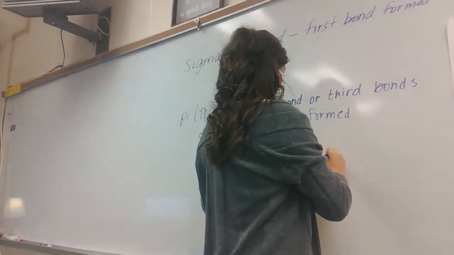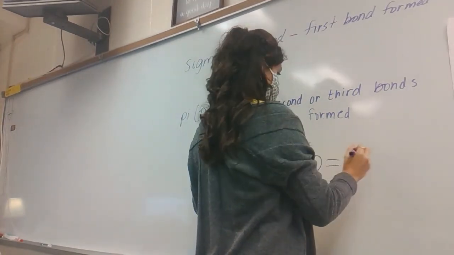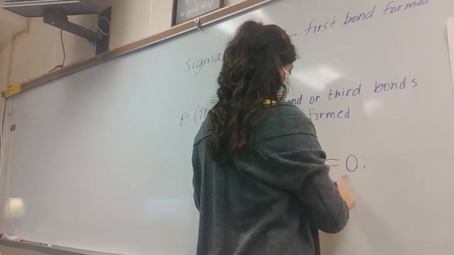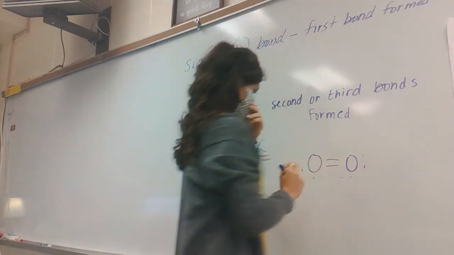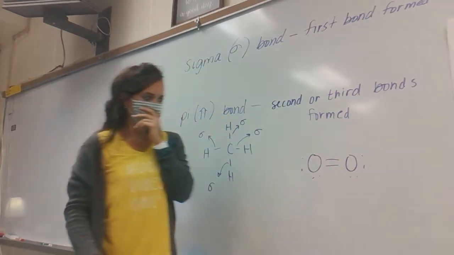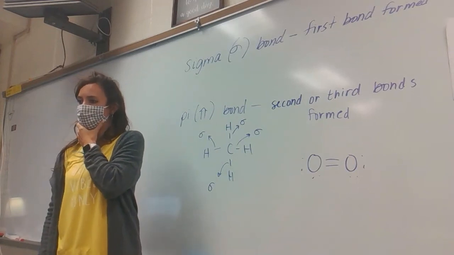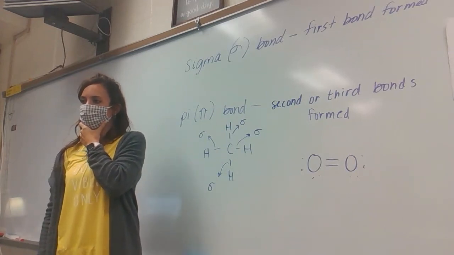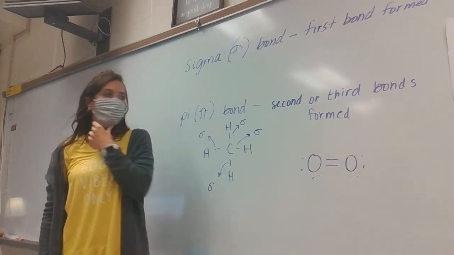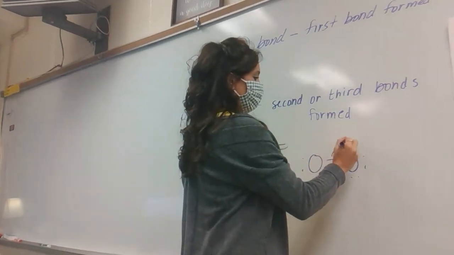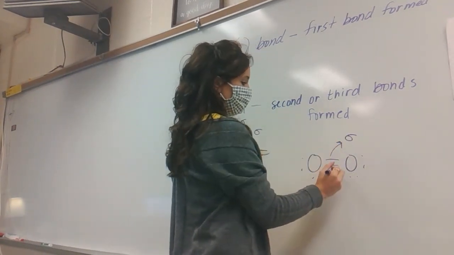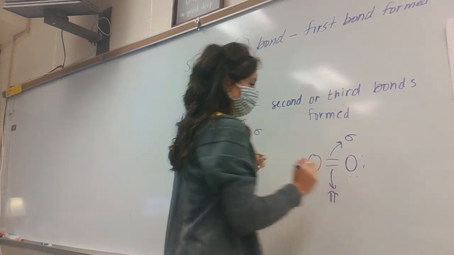If something is double bonded, like diatomic oxygen, that we talked about yesterday, one of those bonds is a sigma bond, and one of those bonds is a pi bond.